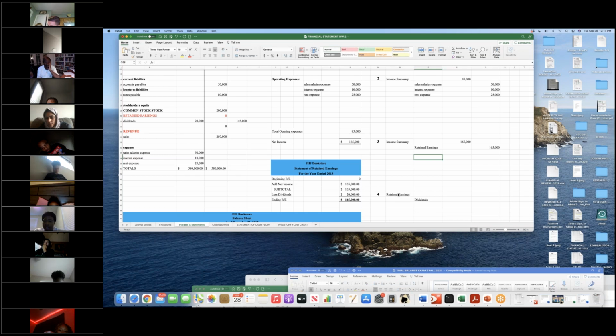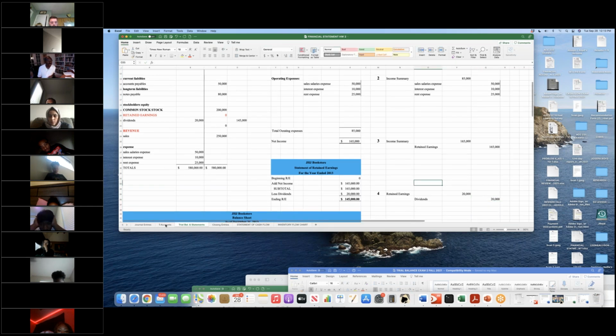That's why I got it down here by dividends. So we simply debit retained earnings 20,000. And we credit dividends 20,000. So this is closing entry 4. Whenever we make a closing entry, we post it.